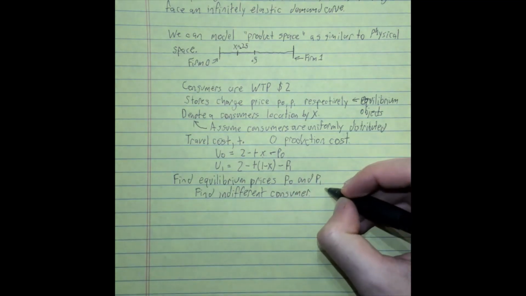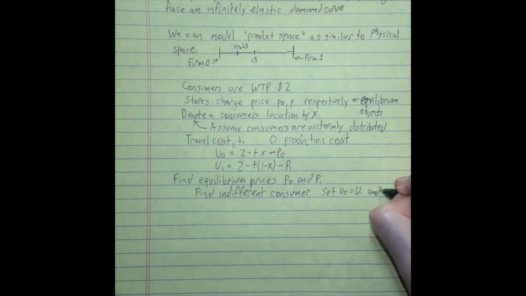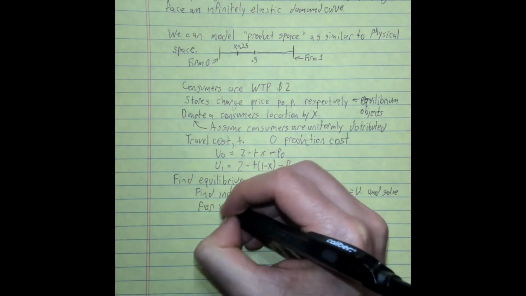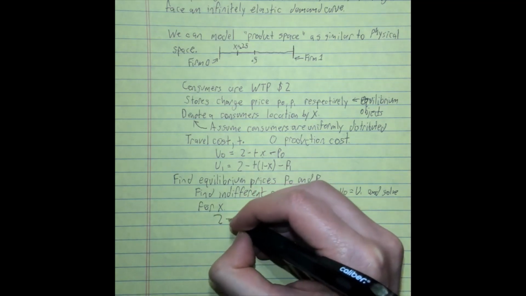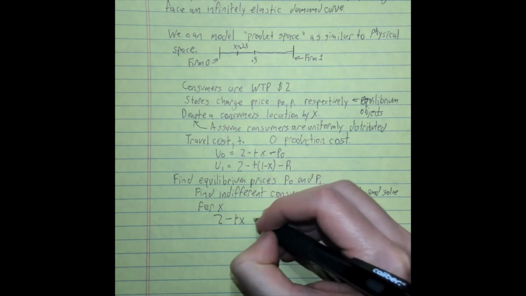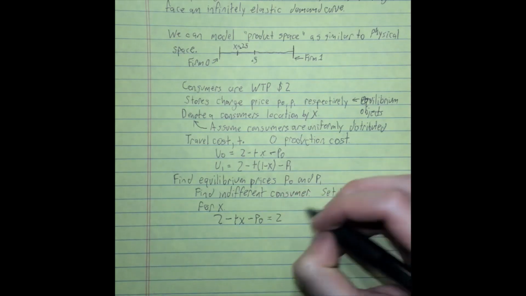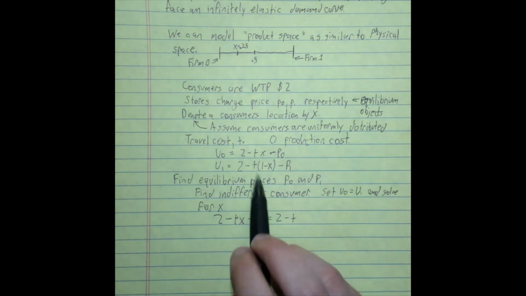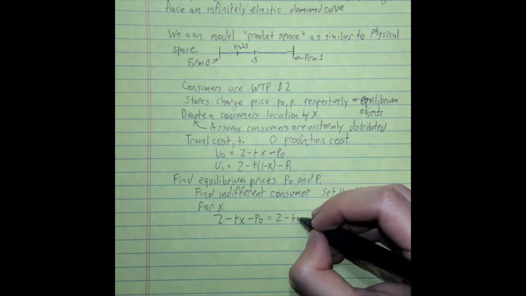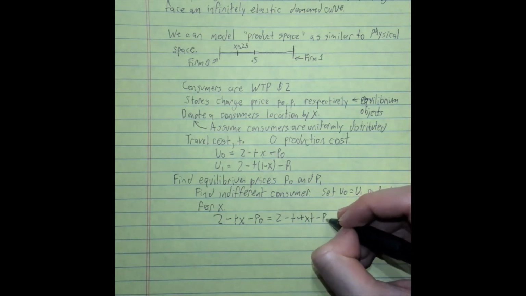So we're going to set U0 equal to U1 and solve for x. Setting U0 equal to U1, we get 2 minus tx minus P0 is equal to 2 minus t, and I'm going to distribute this, so minus t plus tx, minus P1.